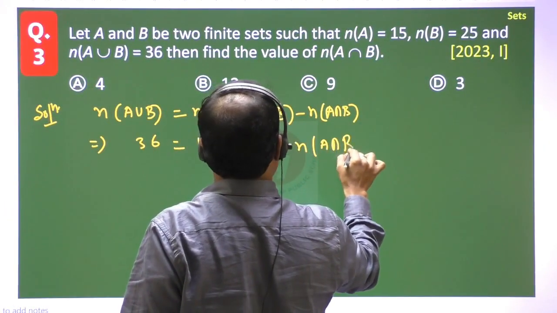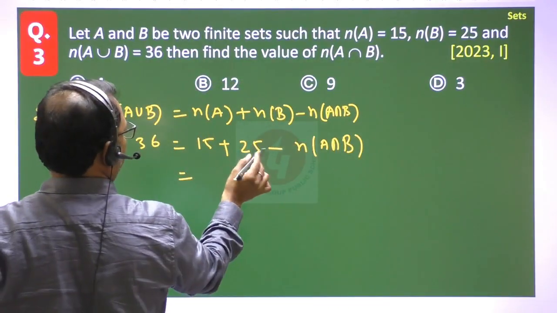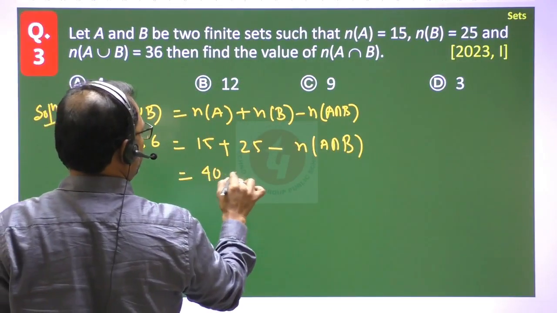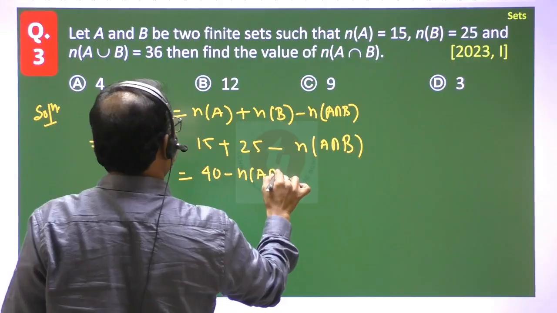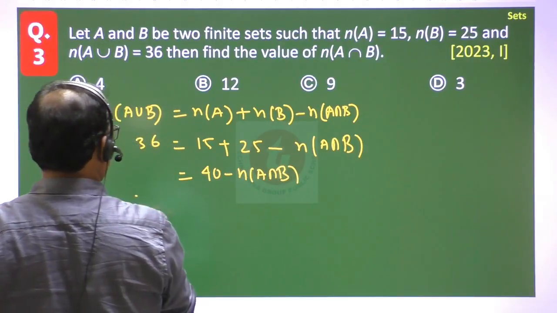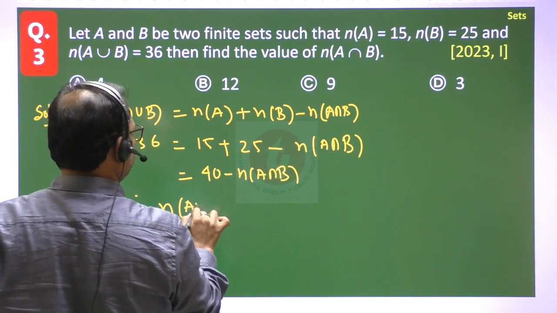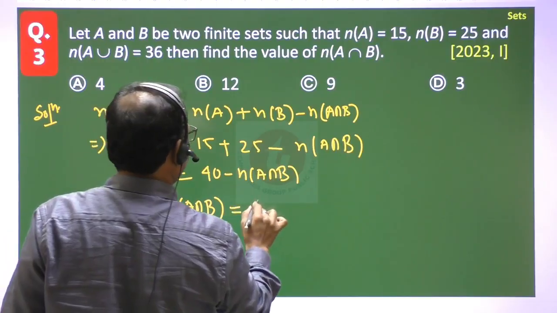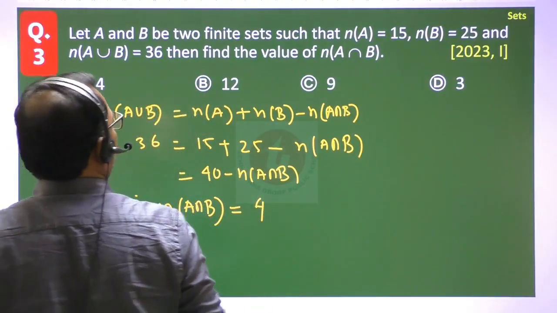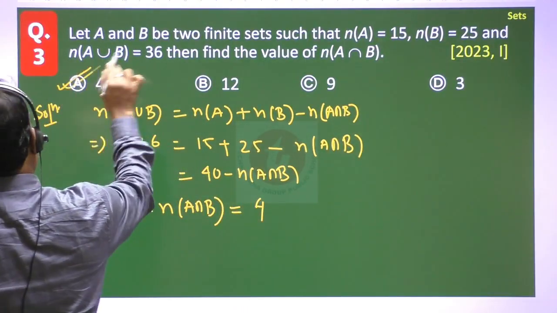So 25 plus 15, 40 minus n of A intersection B. Therefore you can say that n of A intersection B is equal to 40 minus 36, that is 4. Agra is the correct option.